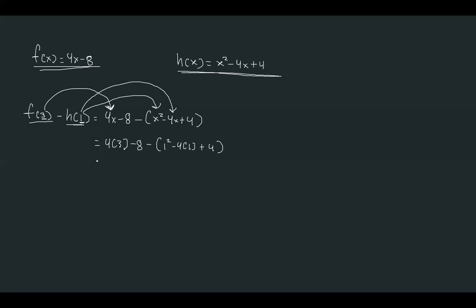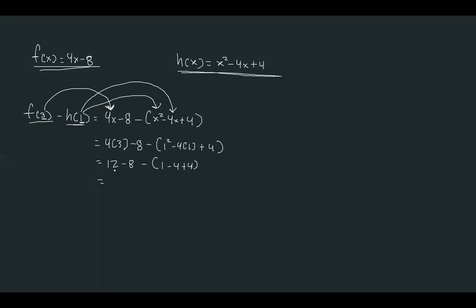So now let's simplify. 4 times 3 is 12, minus 8, minus, here we have 1 squared, which is 1. Here, negative 4 times 1 is negative 4, plus 4.